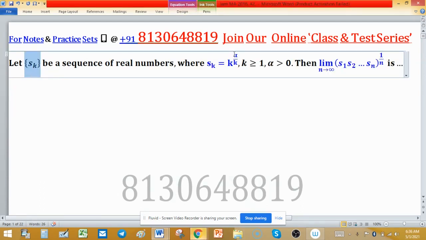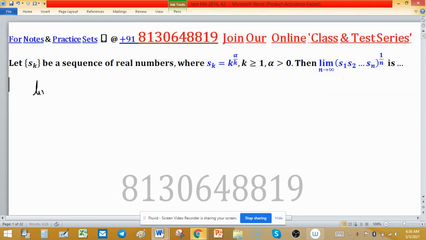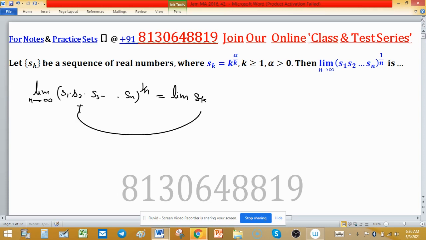Let Sk be the sequence of real numbers where Sk is defined by this expression, then find the limit of this expression. So to find the limit of n tends to infinity, S1, S2, these are the product of terms of Sk, S3 and so on up to Sn raised to the power 1 upon n is equal to limit of Sk, which are used here to write terms of the product.